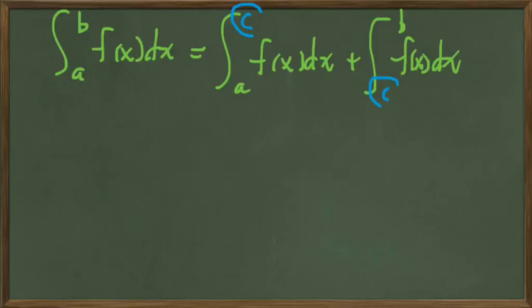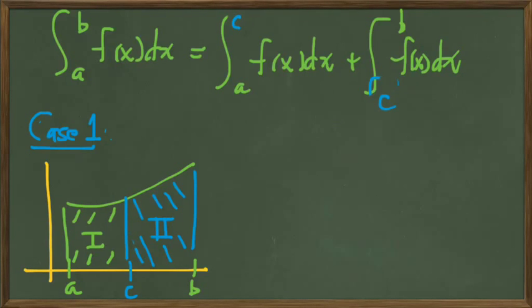So let's look first at our case 1. Case 1 is actually very easy to see from this graph. Our integral between a and c of f of x dx has area identified with a Roman numeral 1.